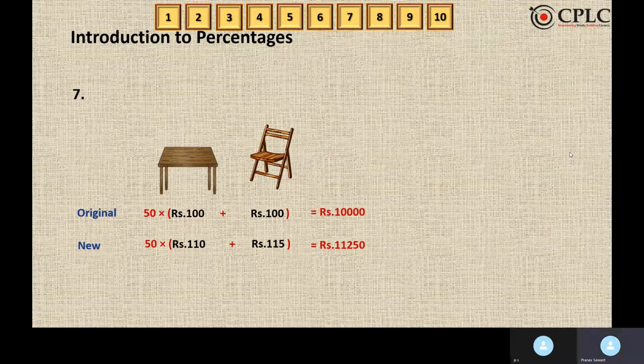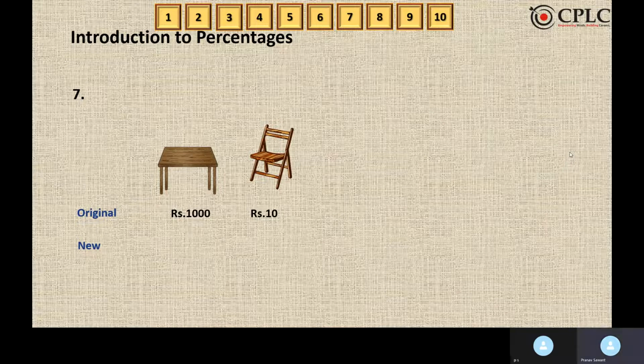So what is the percentage increase over here? So let's apply the percentage increase. We'll get 12.5% more. But they haven't provided us any information regarding the prices of table and chairs. So there can be a possibility that table is 1000 and chair is 10.